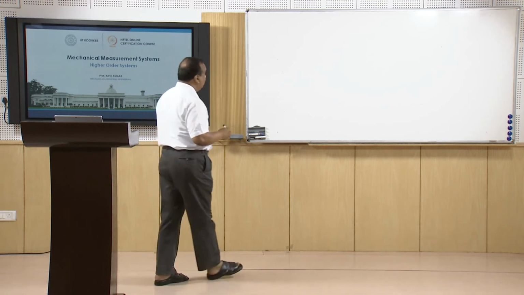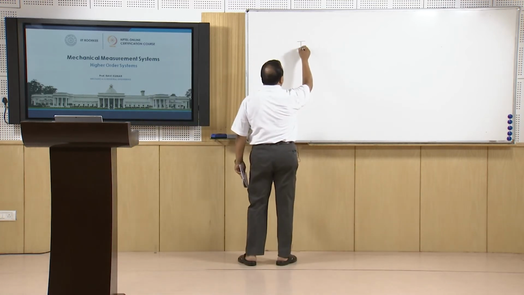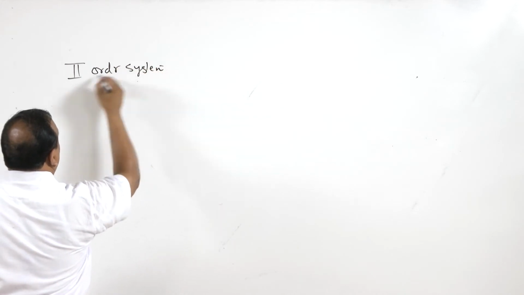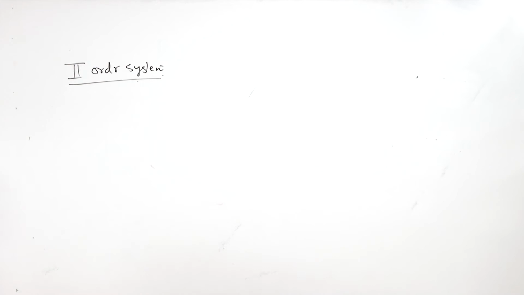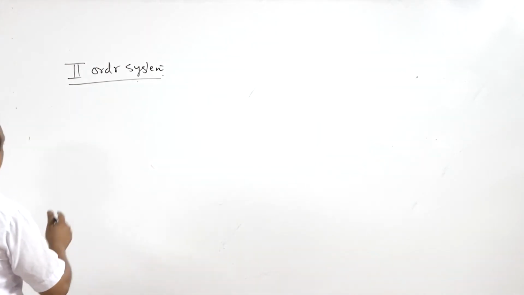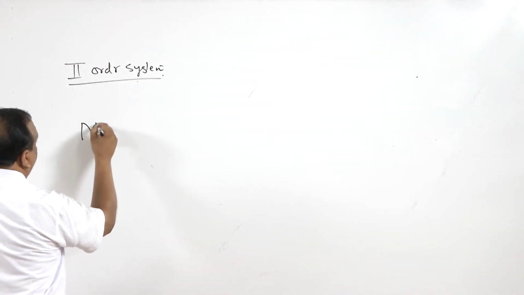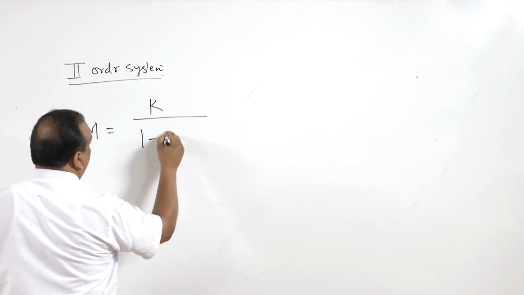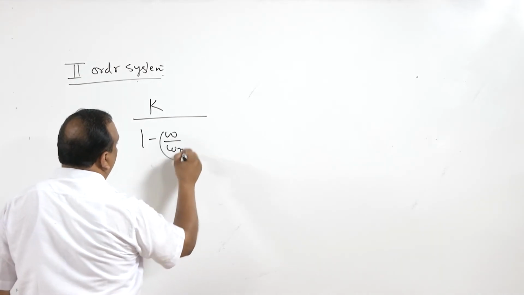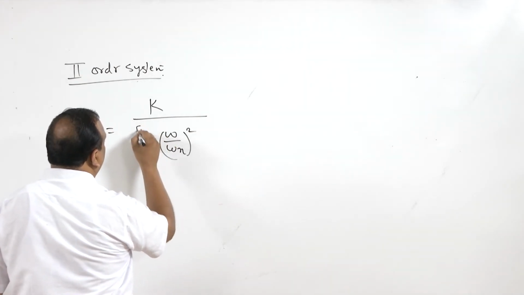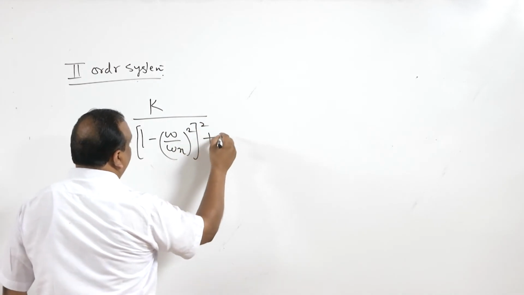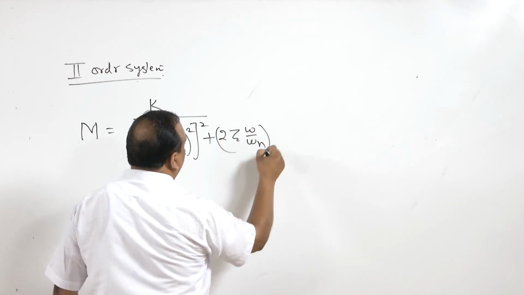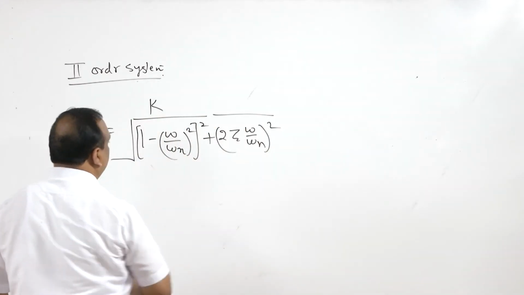Now, we will start with the second order system, Bode plot for second order system. For second order frequency response, the magnitude ratio is equal to k by under root of 1 minus omega by omega n whole square plus 2 zeta omega by omega n whole square.